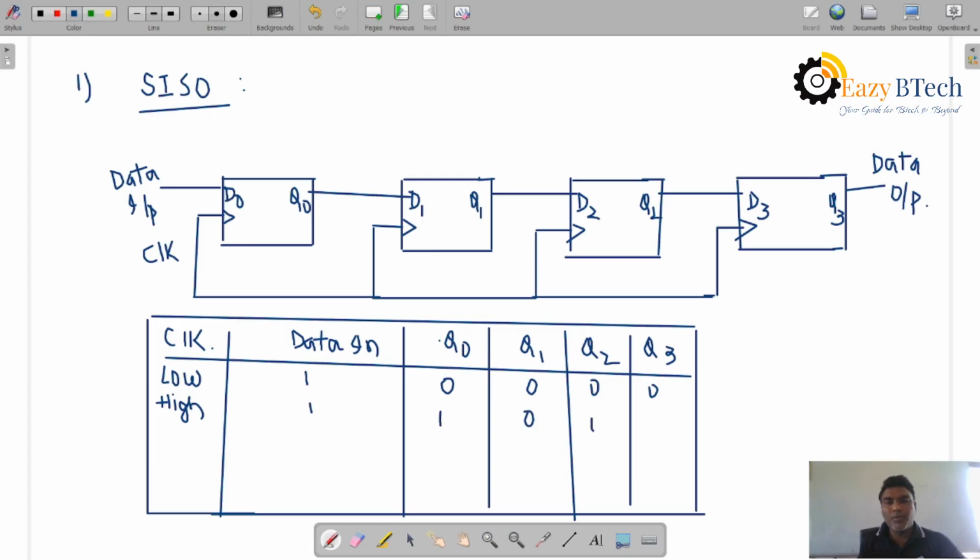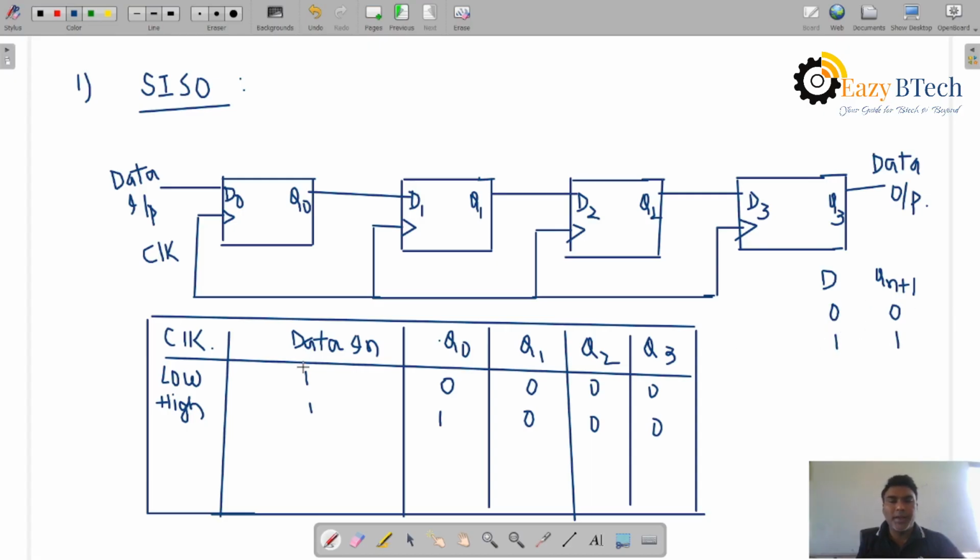So in the truth table of the D flip-flop, whatever the input, the output is the same. The D flip-flop output Qn+1 is the next state: if the input is 0, the output is also 0; if the input is 1, the output is also 1.